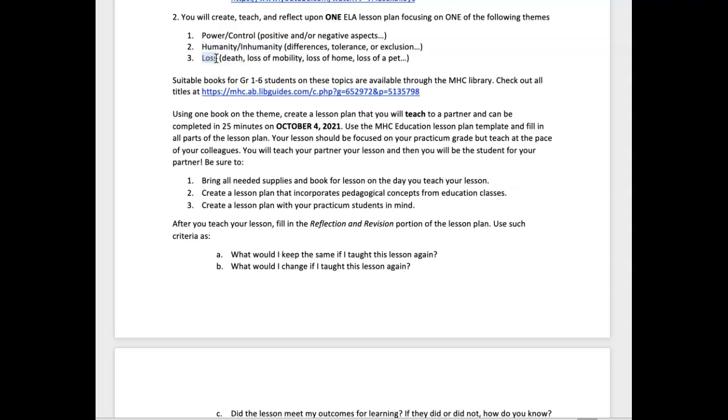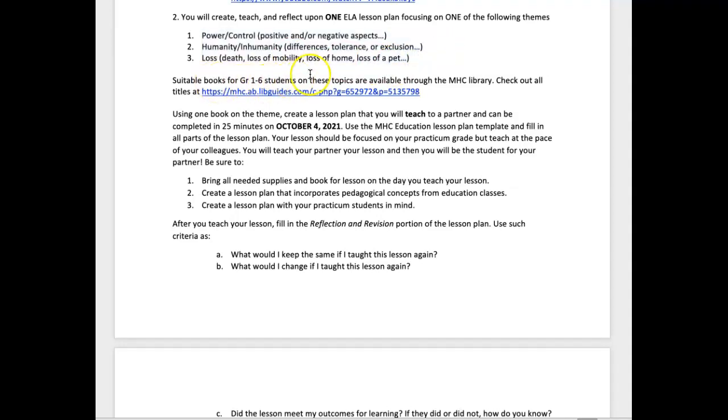I was actually just reading an article that talked about how kids really want to talk about loss, because if they never talk about it, and their dog dies, or their grandfather dies, or their best friend moves away, they have no reference for how to feel about that, or how to move forward. And so I think it's important that we talk about these big issues, because we will really help them move forward as young people.